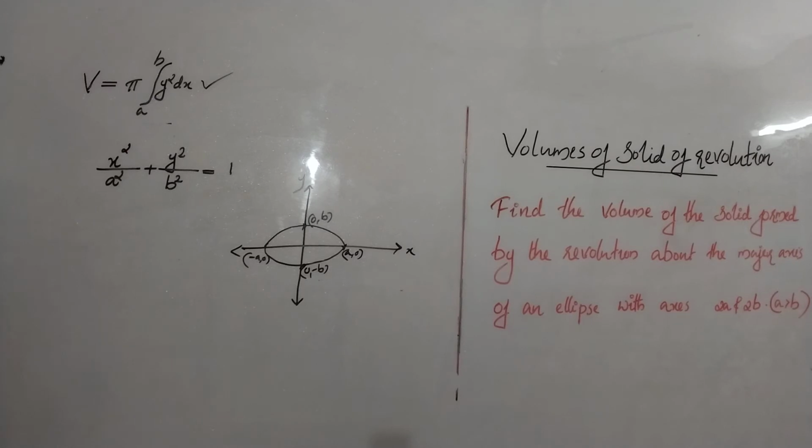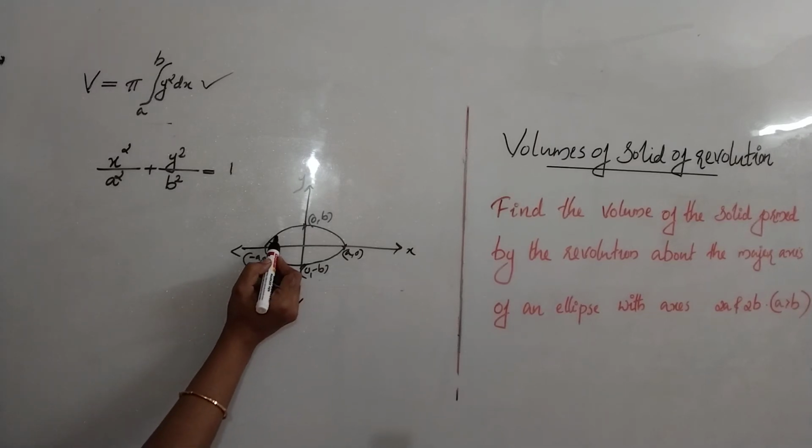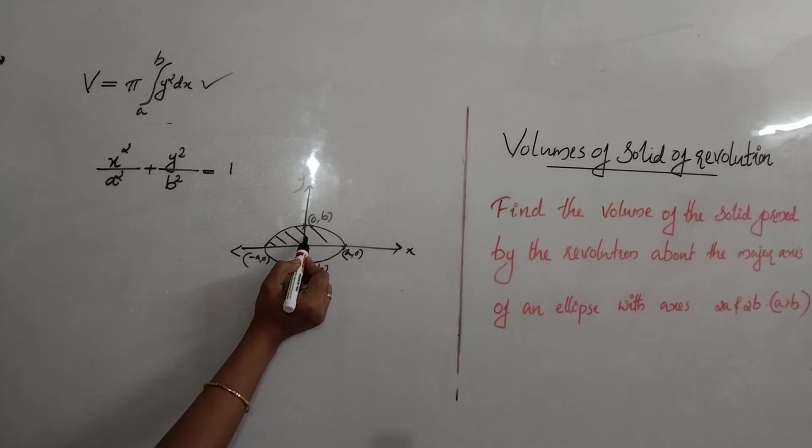The given solid is obtained by the revolution about the x-axis of the area enclosed by the portion of the ellipse in the first and second quadrant, that is this region.